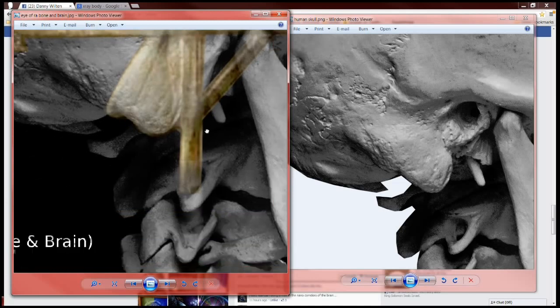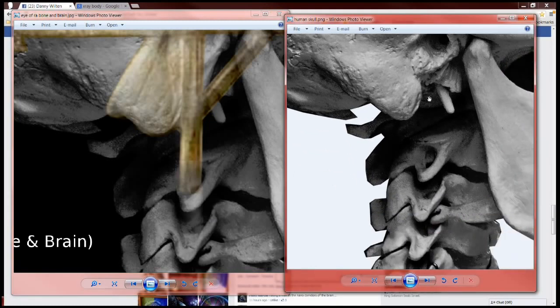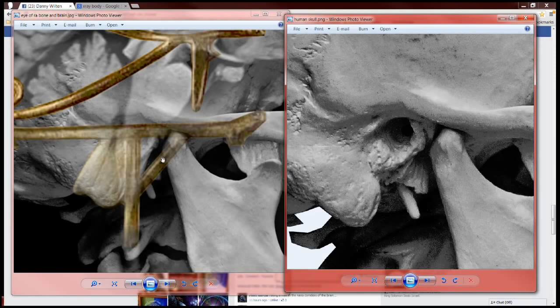And if you notice, the stem of this thing goes right down the throat, just like you see right here. The next part of it, you see this bar. It's coming up right here, and it ends right on where the jawbone basically connects. You can see the same thing right here, and how this piece works as well.